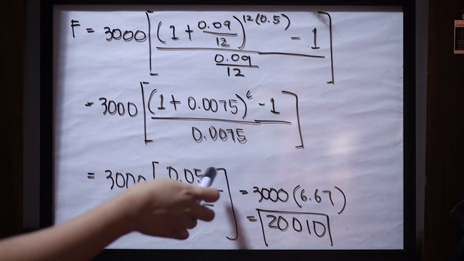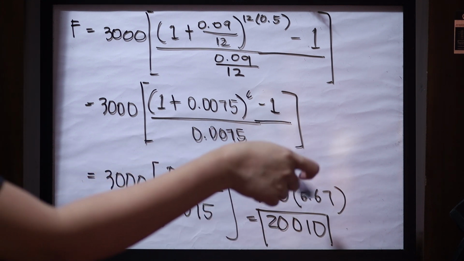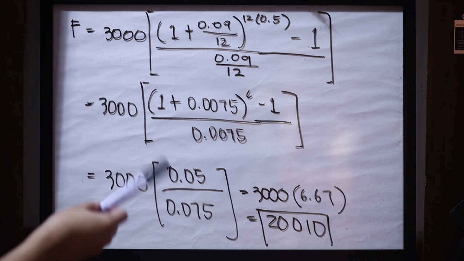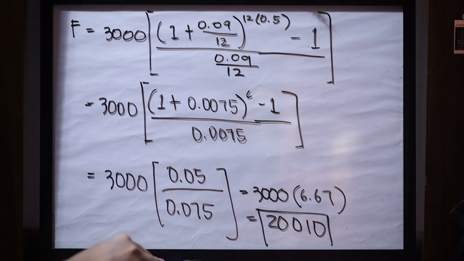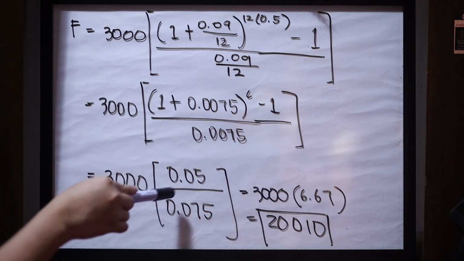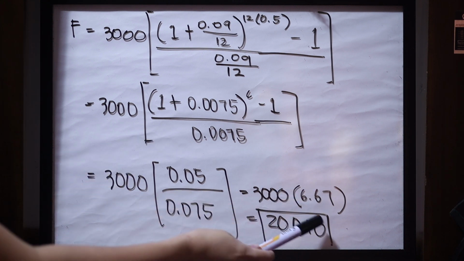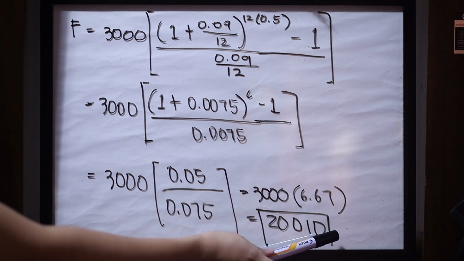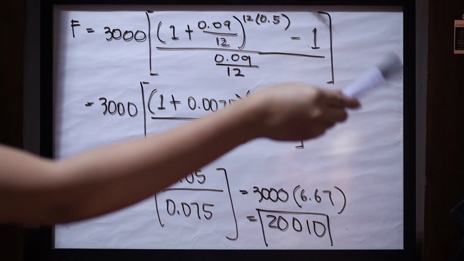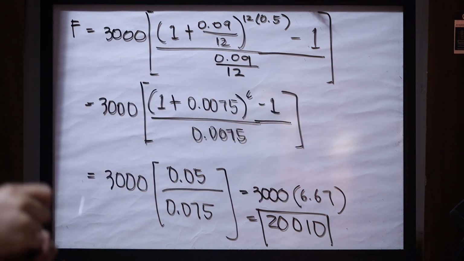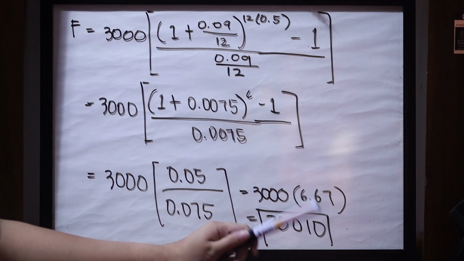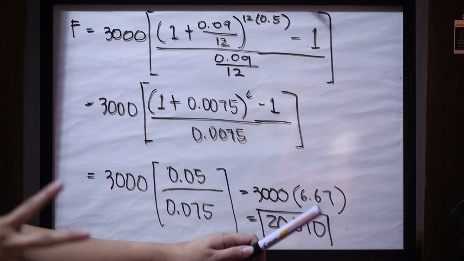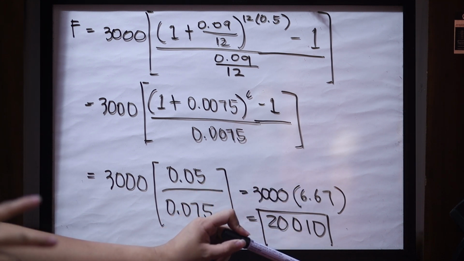Meron siyang 0.04 blah blah blah and so on and so forth. Hindi naman natin kinonsider yung decimal places. We just rounded it off. Same with 6.67 na hindi natin ginamit yung 6.6666 and so on. So, dahil dun sa pag-round off natin, naiiba yung values niya.